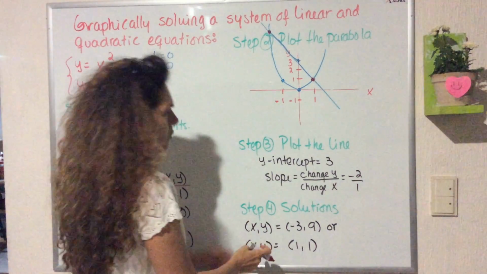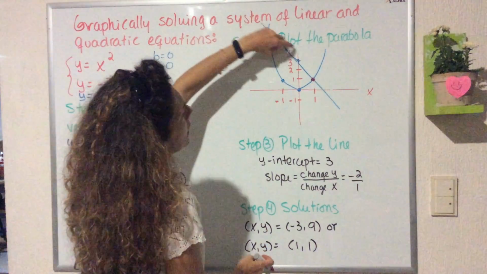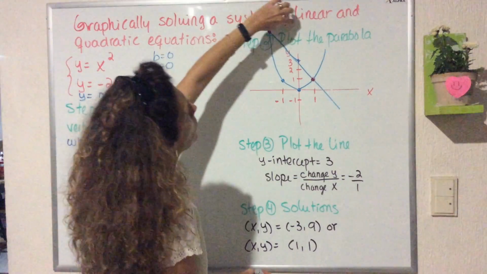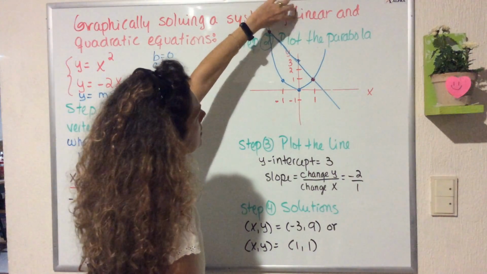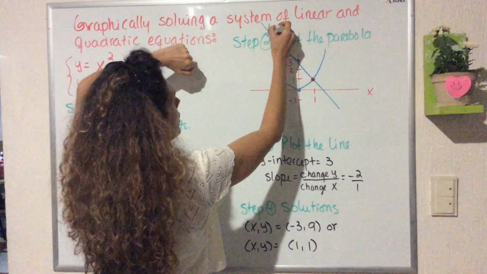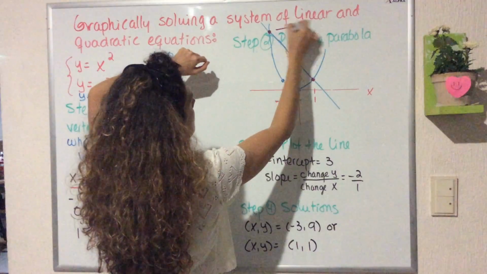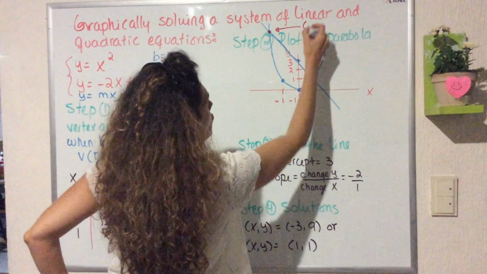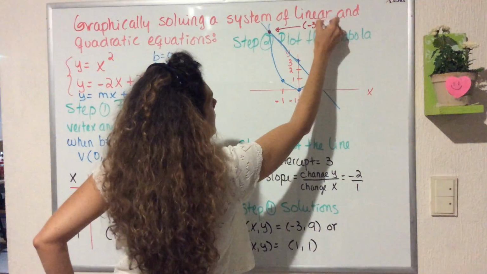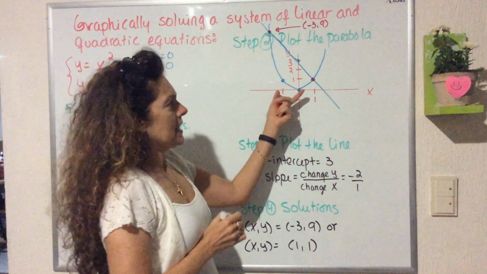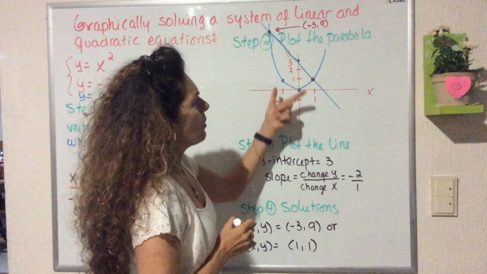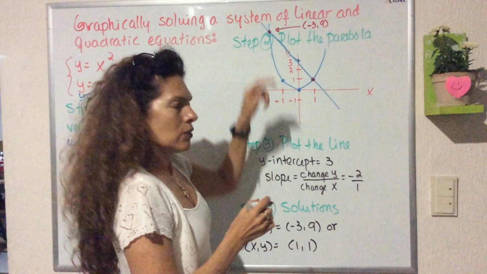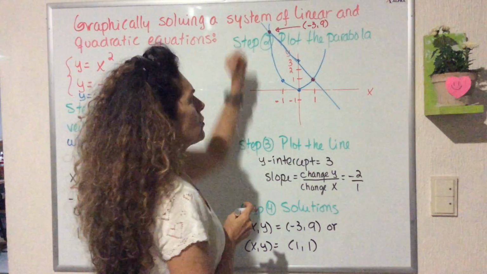And also the other point would be, I have no space here to plot the number 9 on the y-axis, but this is the point, let me write it here. This is (-3, 9). In Alex, while plotting the parabola and the line, you are going to be able to see this point.